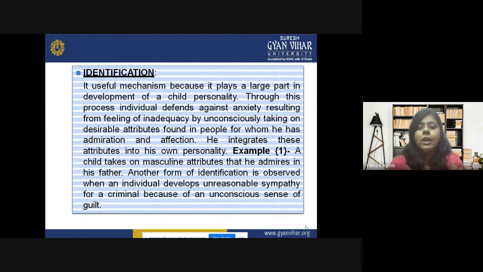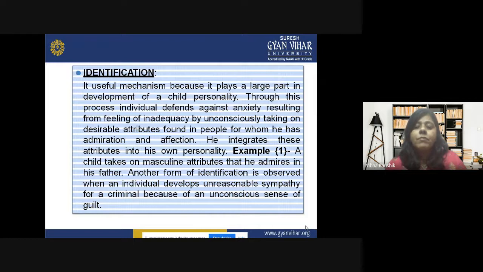Through this process, the individual defends against anxiety resulting from feelings of inadequacy by unconsciously taking on desirable attributes found in people for whom he has admiration and affection. He integrates these attributes into his personality so that he can defend against anxiety.